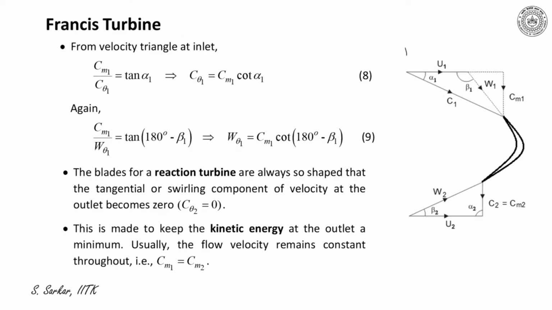Please note the velocity triangle here at inlet. So I have indicated C theta 1, which is the swirling component at inlet, and this is W theta 1.